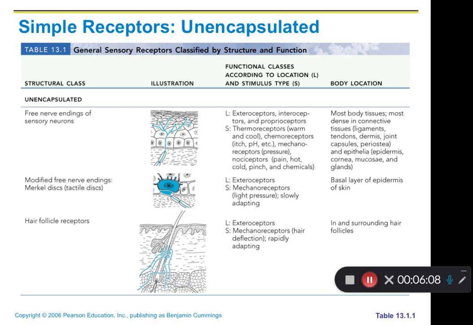Their function is to detect mechanical stimulus, so it is a mechanoreceptor. For example, if we stretch our hair, we can feel the stretching, right? This hair follicle receptor can detect the mechanical stimulus.